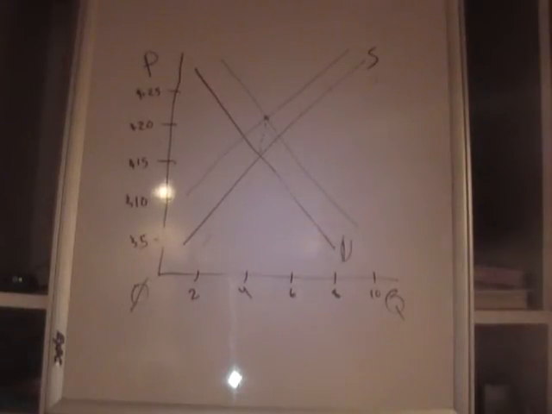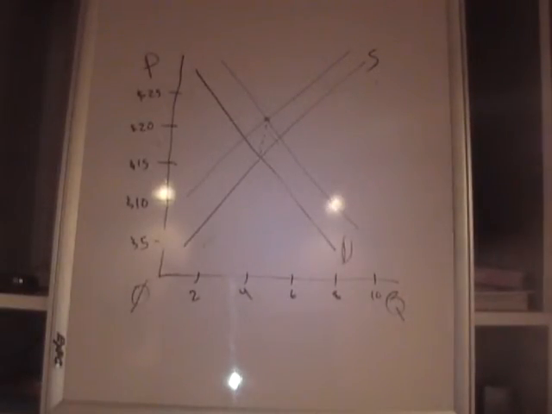So, the effect on quantity of an increase in one and a decrease in the other is not determinable. And that is the correct answer. It is not, stays the same. Not determinable. Cannot be determined.